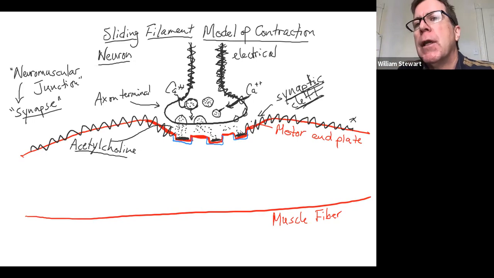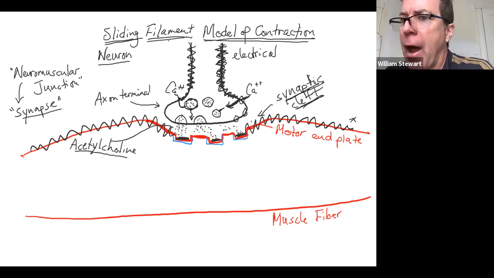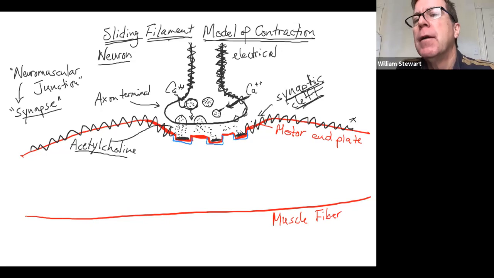Okay, so really quickly, the sliding filament theory model of contraction, we're explaining how a skeletal muscle cell contracts. Step one, neural impulse down the axon to the terminal. Calcium flows in, causes this vesicle with acetylcholine in it to migrate to the edge and release its acetylcholine into the synaptic cleft.